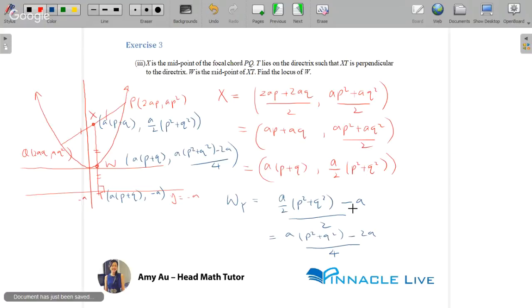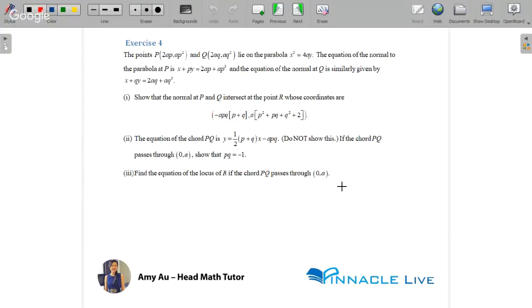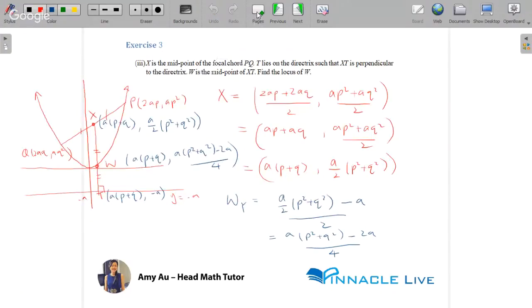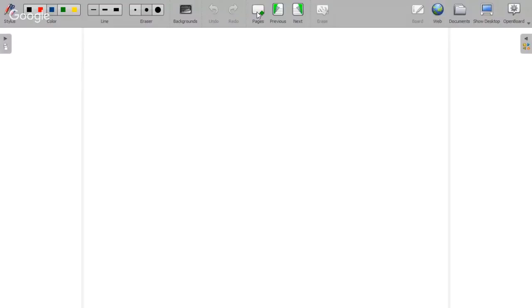All right, so now that we've got the coordinates of W, we're not done yet. We still need to find the locus. So let's see if I have more space. No. Okay, so I'll just need to add a new page.